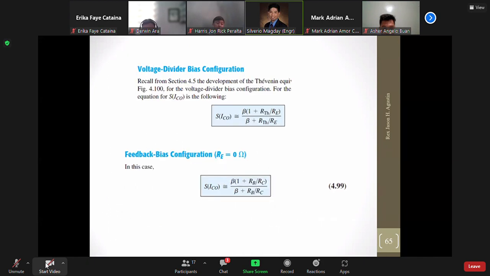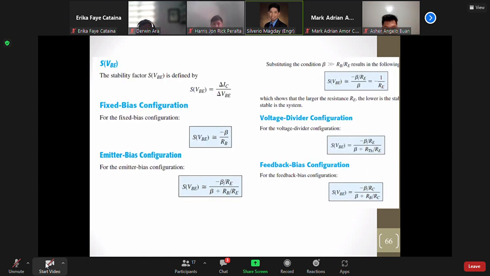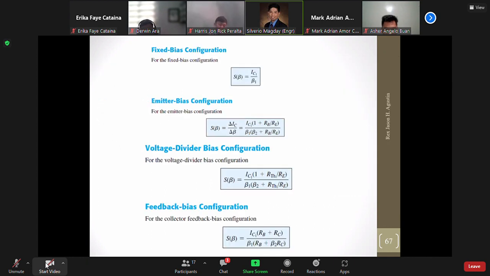For the voltage divider configuration, it is this one. And for the feedback bias configuration, this is how we solve for the stability factor S. Here is a summary for the other configurations: fixed bias, emitter bias, voltage divider, and then feedback bias configuration.